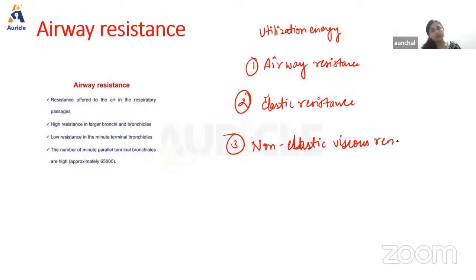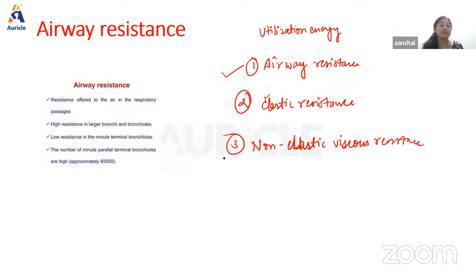Okay, so first we're going to discuss airway resistance. As we can see in this slide, this is the resistance offered to the air in the respiratory passage, and it has high resistance in the large bronchi and bronchioles, and low resistance in the minute terminal bronchioles, and the number of minute terminal bronchioles is high, approximately 65,000.